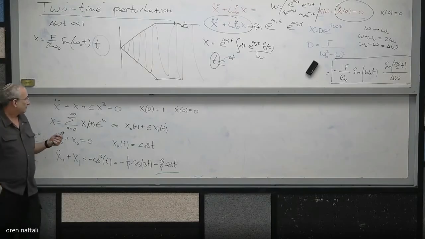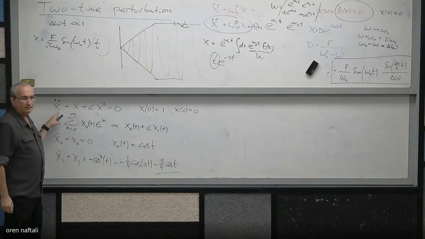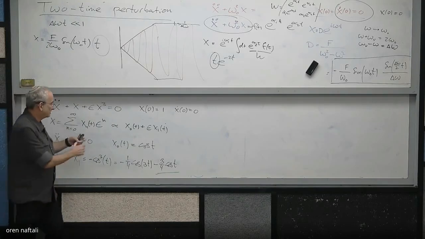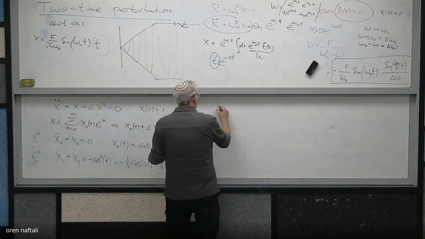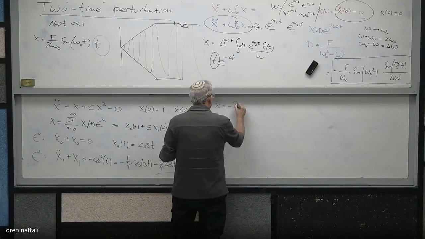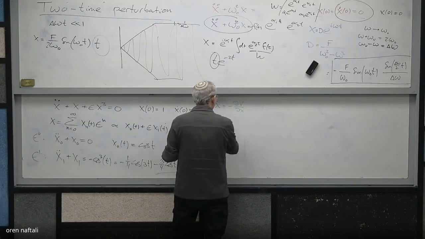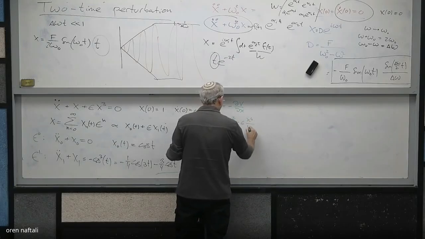Still, this system conserves energy. Right? You can write it as x double dot equals minus dV/dx, where V is x squared over 2 plus epsilon x to the 4 over 4.